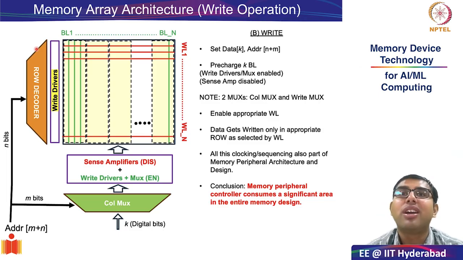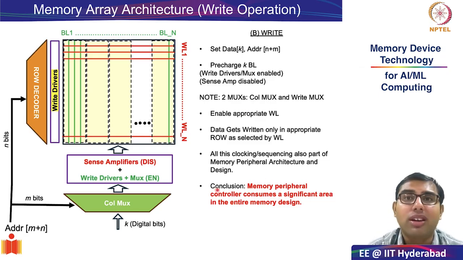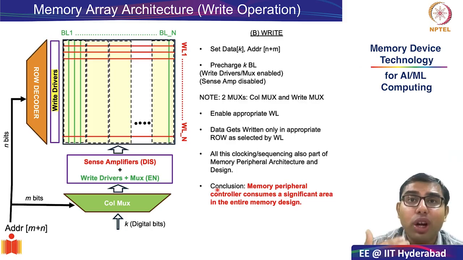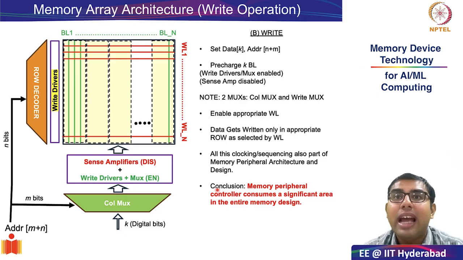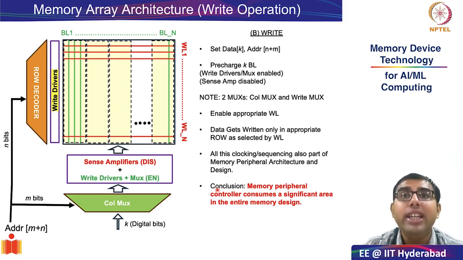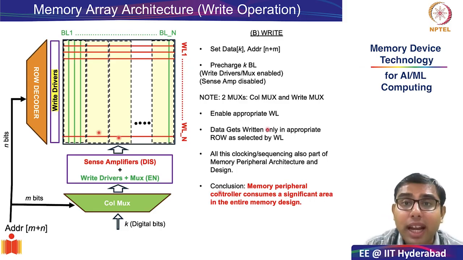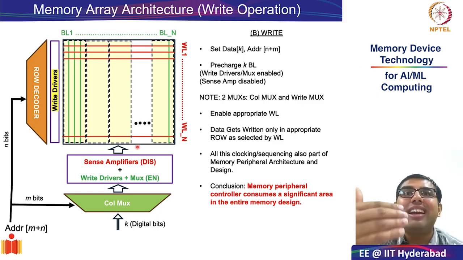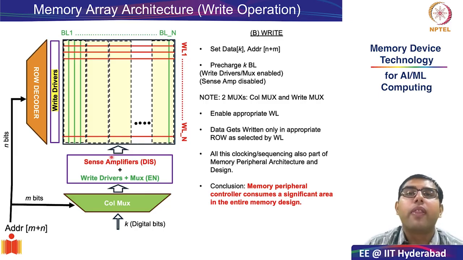So to conclude today's class, we saw that the memory peripheral controller, which consists of these different digital and analog elements and the intelligent circuitry to do the sequencing for read and write cycles, consumes a significant area in the entire memory chip. Earlier we felt that only the memory array consumes a lot of area, but now we saw, through different logical constraints, that memory peripherals are also a very important part.